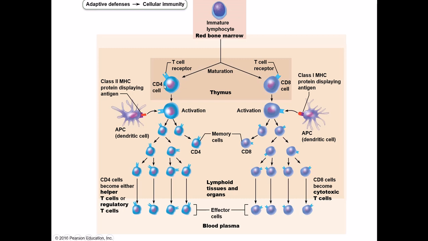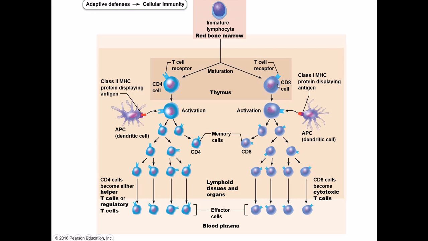If we look at the CD4 cell first, you can see it gets activated when it sees an antigen. It has to be presented by one of these antigen presenting cells, and then once activated, it will go through clonal selection and make lots of copies of itself and proliferate, and then differentiate into either a helper T cell or a regulatory T cell.